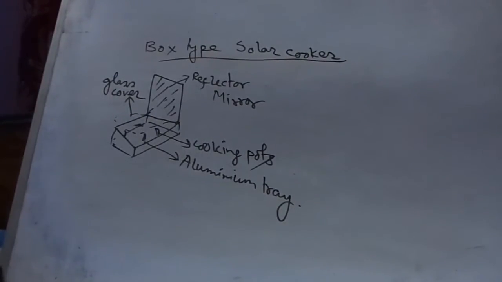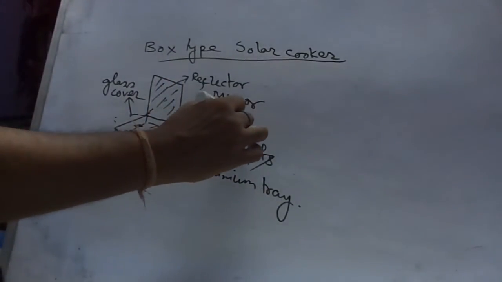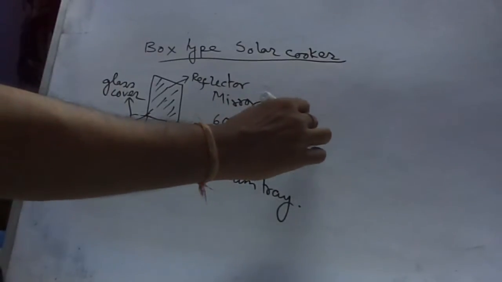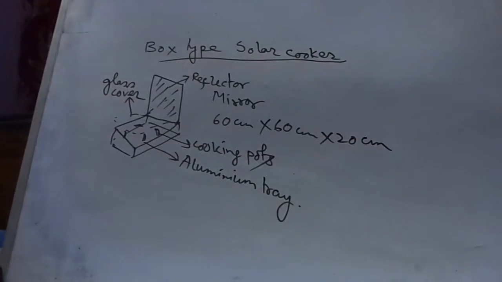This one is the construction. External dimension of a typical family size 4 dishes box type cooker is 60 centimeter by 60 centimeter by 20 centimeter, for domestic purpose. The cooker is simple in construction and operation. An insulated box of blackened aluminium contains the utensils filled with the food material.